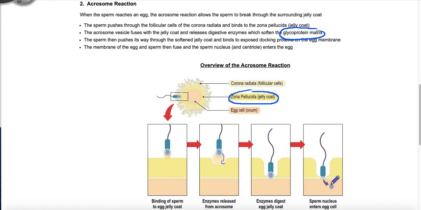And then the sperm is just going to push its way through, and notice that the nucleus, which is part of the acrosome head, is going to go inside the egg after the sperm has docked with the egg membrane, and the sperm nucleus will enter the egg, along with the centrioles also that are found within the sperm.